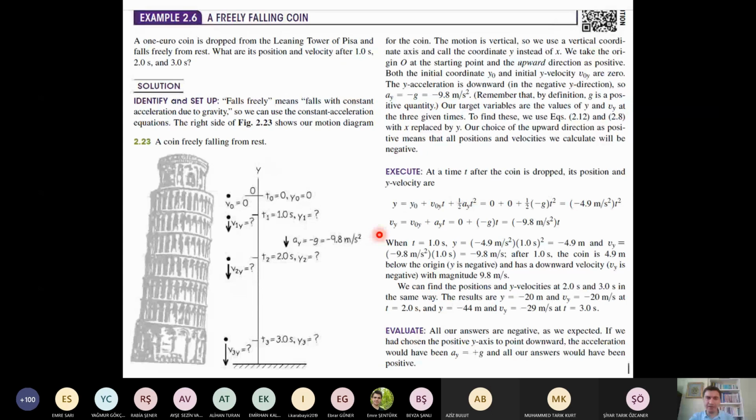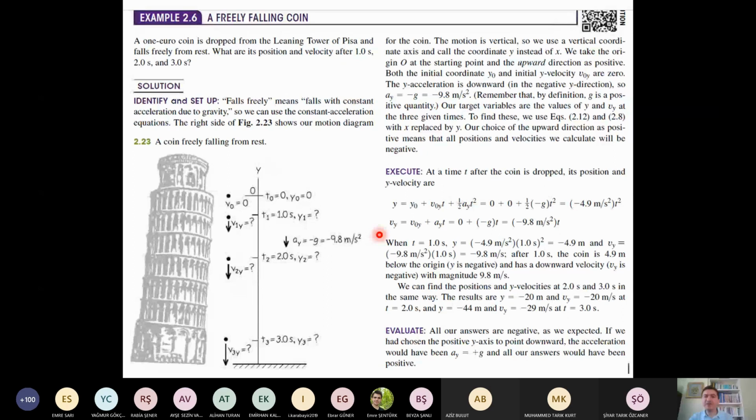Then instead of ay, again, I have chosen minus g, okay? And then I have minus 9.8 meter per square second times t. So instead of time, just use 1 second, 2 seconds, and 3 seconds within this equation. Then you can calculate velocity of the coin for different times.